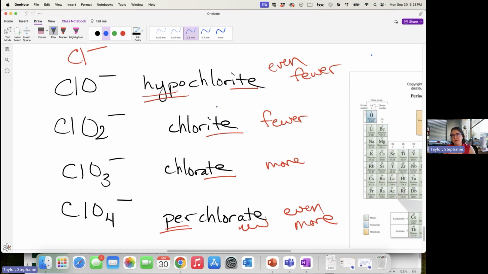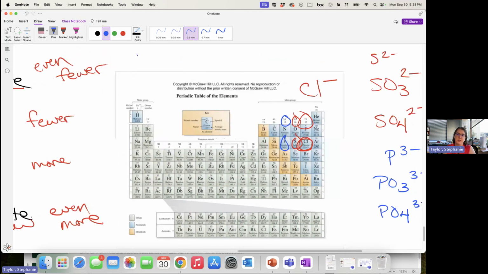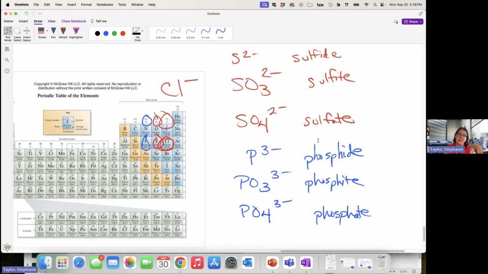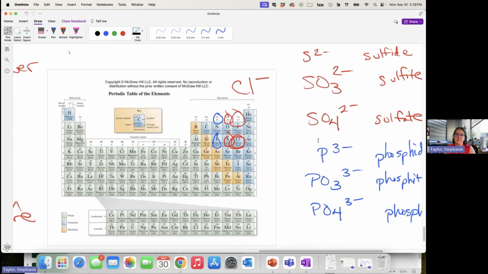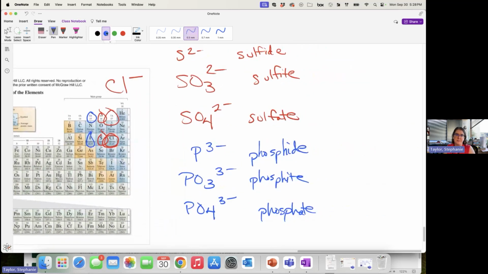So since they're in alphabetical order in your book, chlorite and chlorate are together, and then it skips a whole bunch, and then there's hypo, and it skips some more, and then there's the per. So your book doesn't put them in element order, which I think is a mistake. But that's the way your book does it. And on one hand, I get it, because you have to pick something.